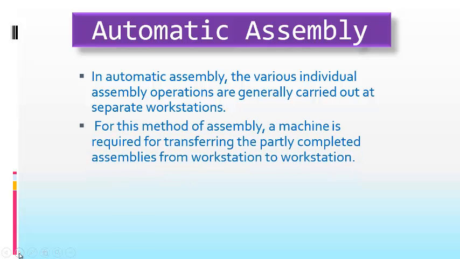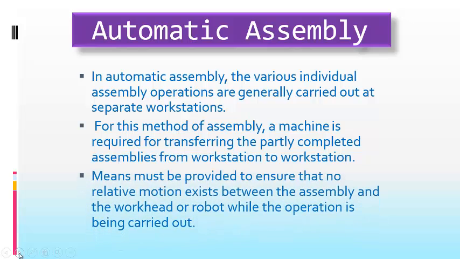For this method of assembly, a machine is required for transferring the partly completed assemblies from workstation to workstation. After the part is assembled in one station, it should be transferred to the next station. That means you need in each station a device or mechanism to assemble the part. Then you need a transfer system to the next station.